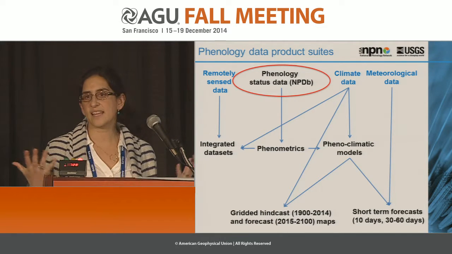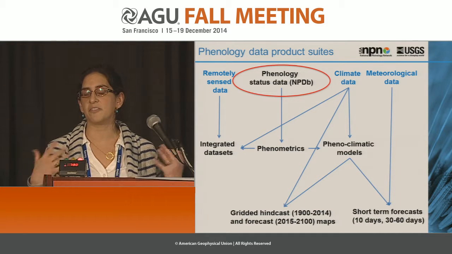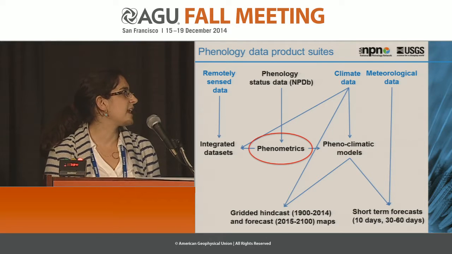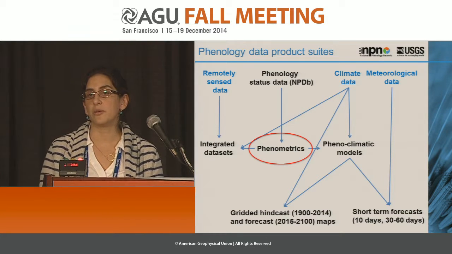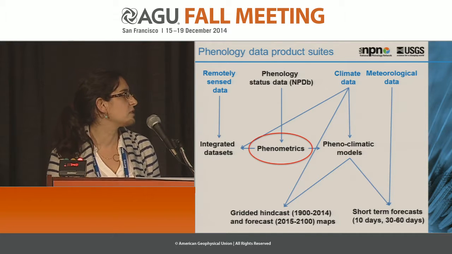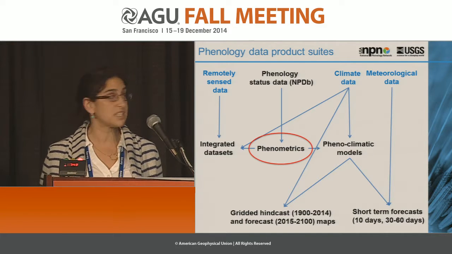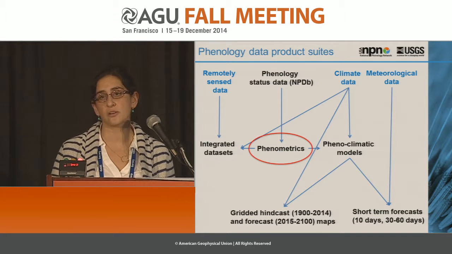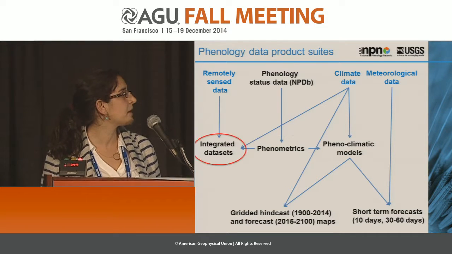It's status data, presence or absence of phenophase activity on individual organisms. That data gets converted into what we're calling phenometrics, so onset, end, duration, and peak of individual sites, species, and regions, which can also be displayed in phenological calendars or in visualizations on maps.